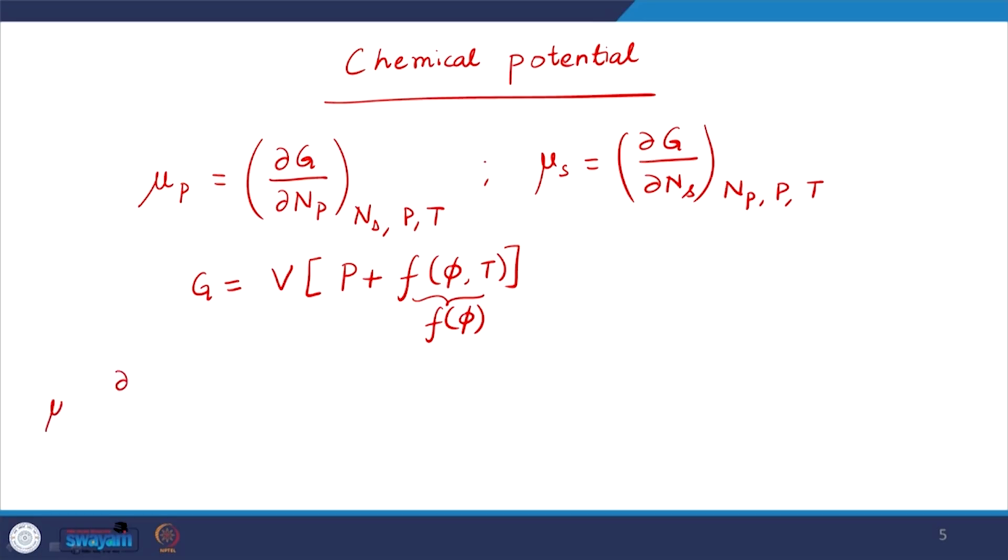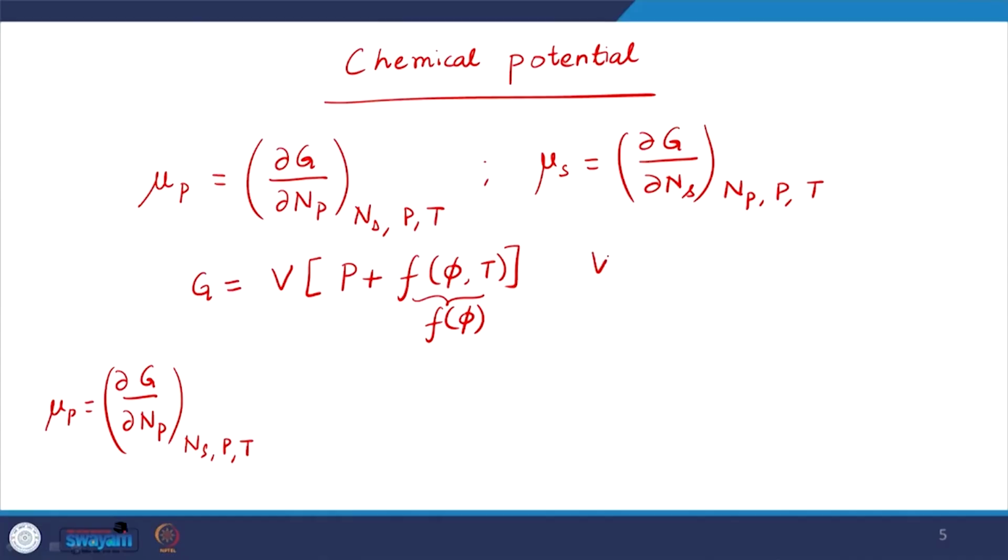So, then when I want to compute mu p, again we have to be a bit careful here, because as the Np is changing, the volume is also changing, right. So, the volume is equal to NpVp plus NsVs.